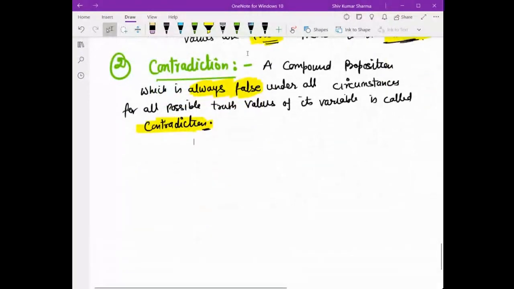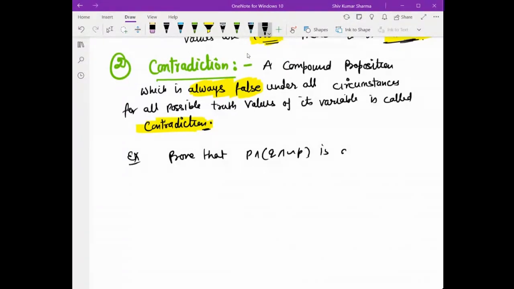So for example, prove that P and Q and negation of P is a contradiction. So this is the compound proposition.